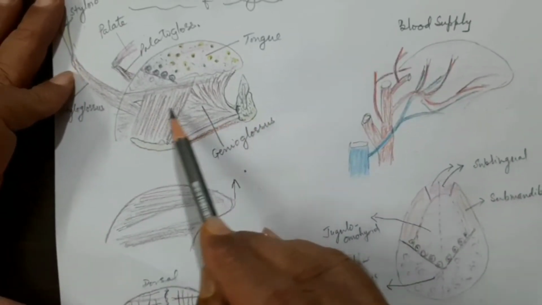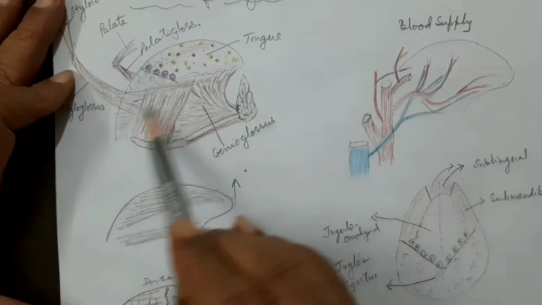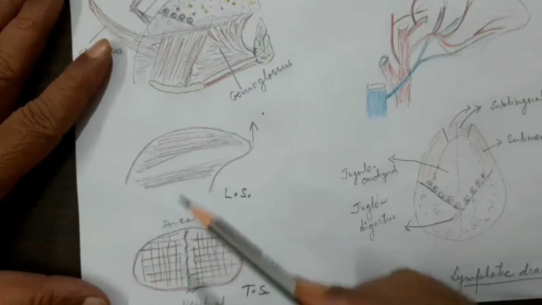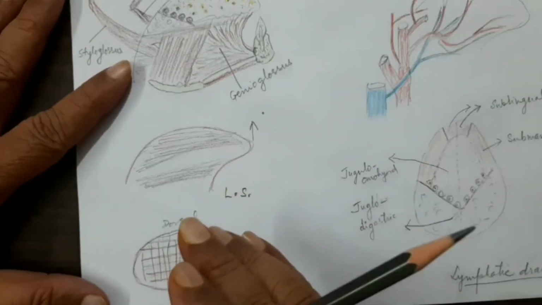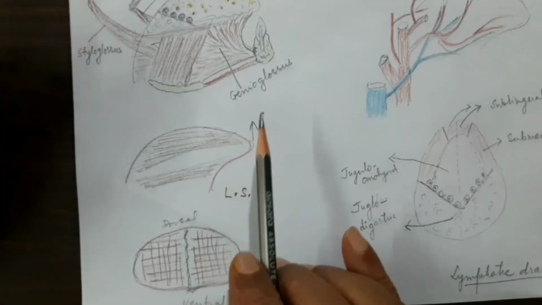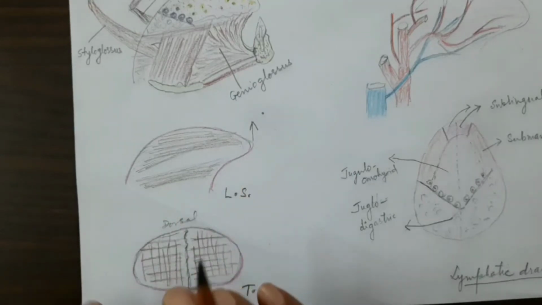It is here. Where is hyoglossus? It is here. In between the two, the fibers here are called the inferior longitudinal fibers, and when they contract, the tip of the tongue turns downward.